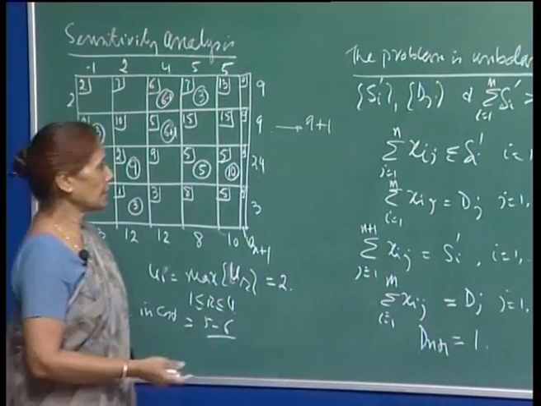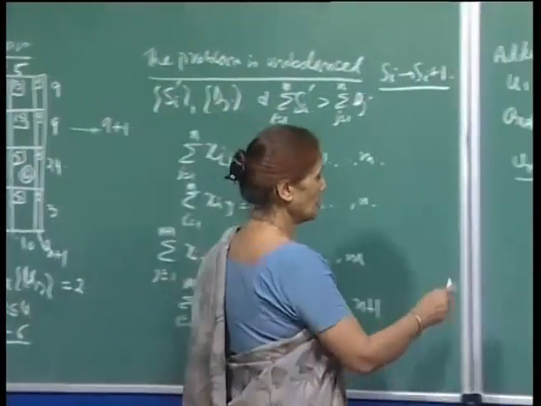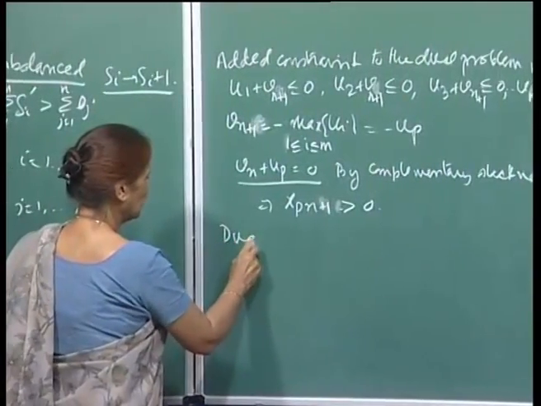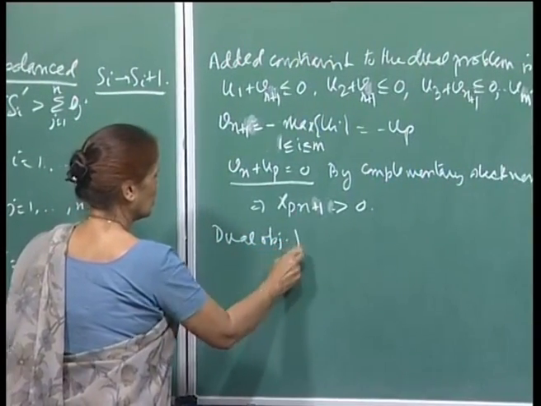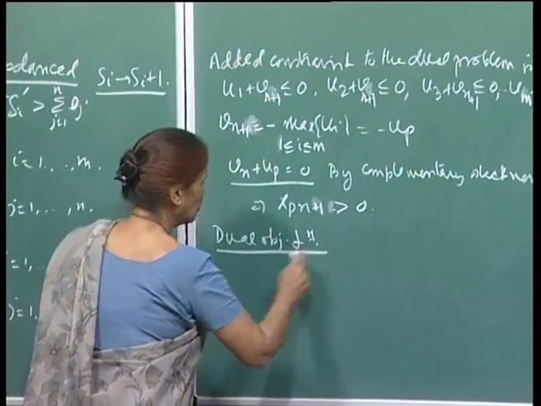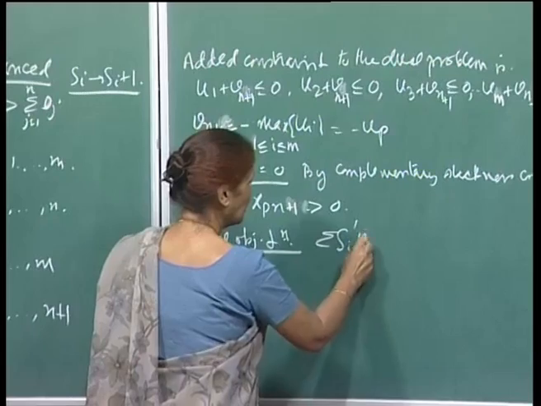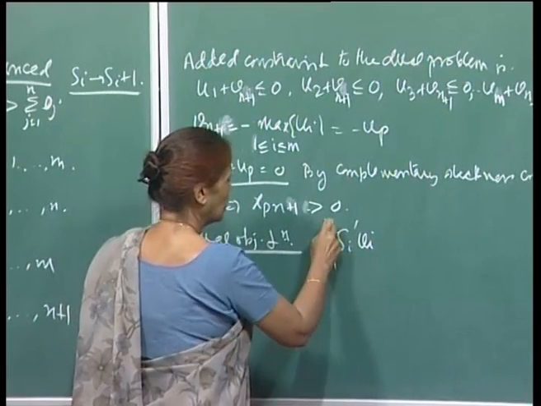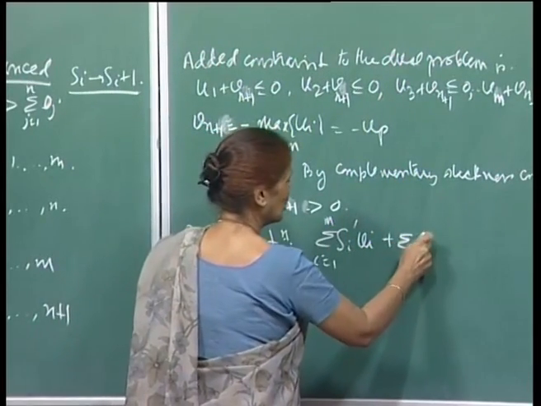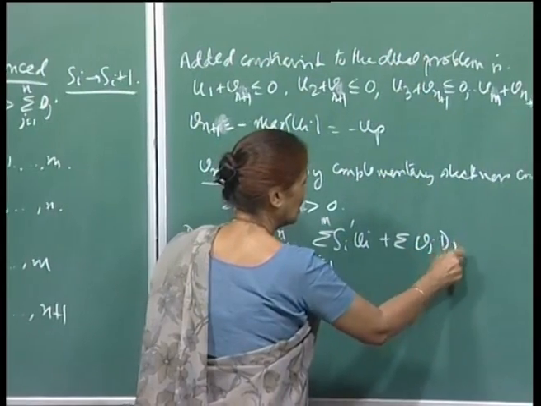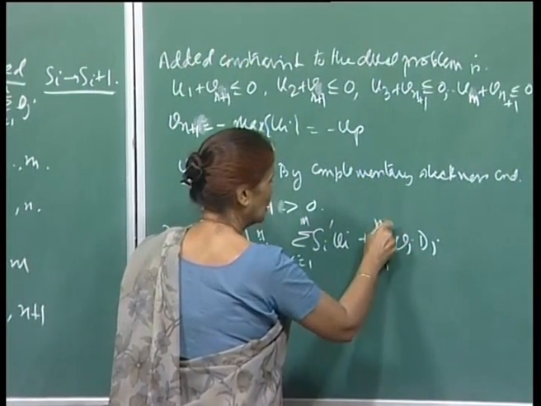And if you want to look at the dual, then what is happening? Say your dual objective function, you have summation s_i' u_i, i varying from 1 to m, plus summation v_j d_j, j varying from 1 to n.